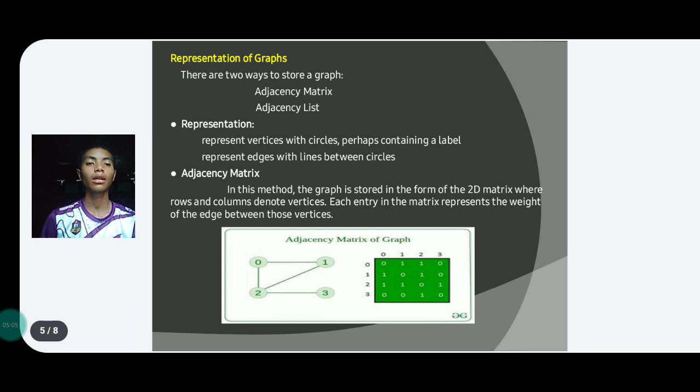Adjacency matrix. In this method, the graph is stored in the form of a 2D matrix where rows and columns denote vertices. Each entry in the matrix represents the weight of the edge between those vertices.